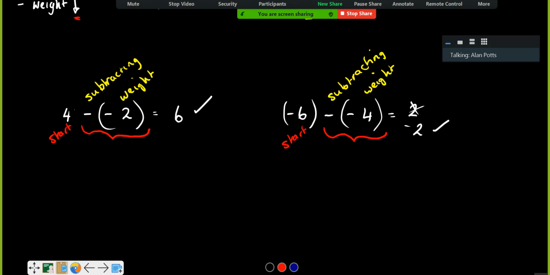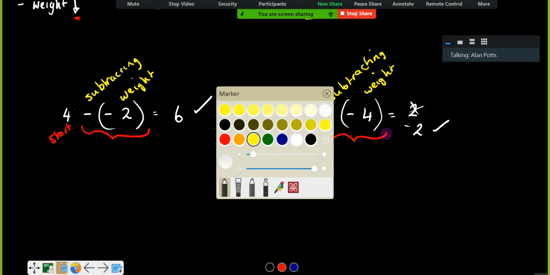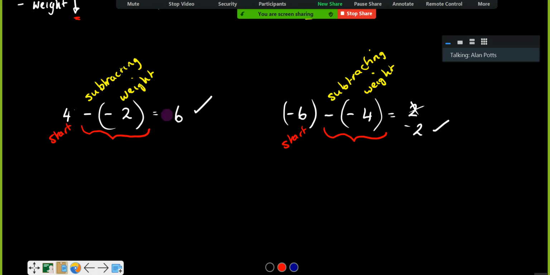But Jackson, you said something interesting, which was that subtracting weight is actually the same thing as hot air. Yeah. So could I rewrite this question as an adding hot air version? Go on then.